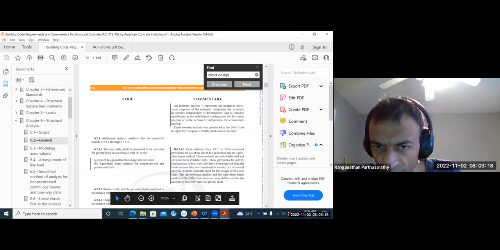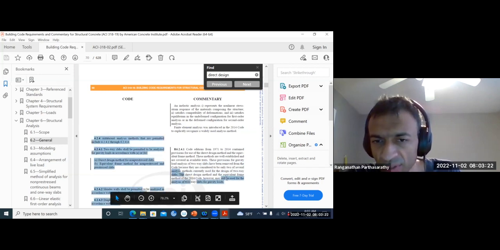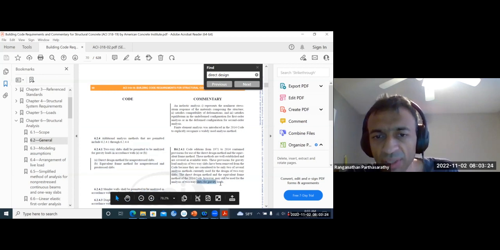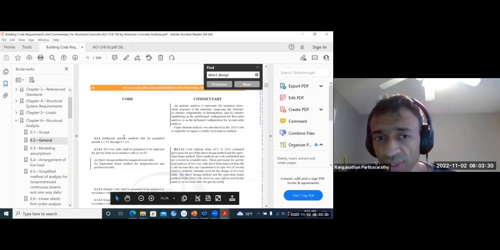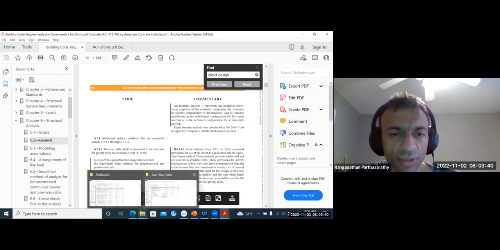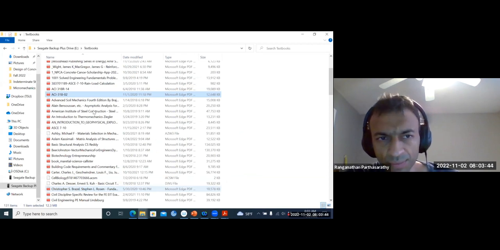However, the direct design method and equivalent frame method of the 2014 code may be used for the analysis of two-way slabs for gravity. So it is not explicitly mentioned in the 2019 code, but we can still use it as described in the 2014 code.